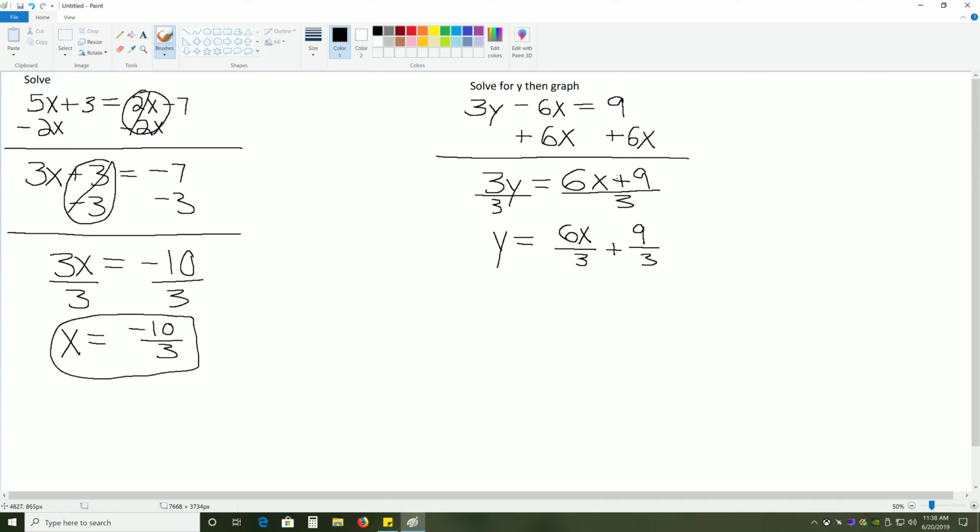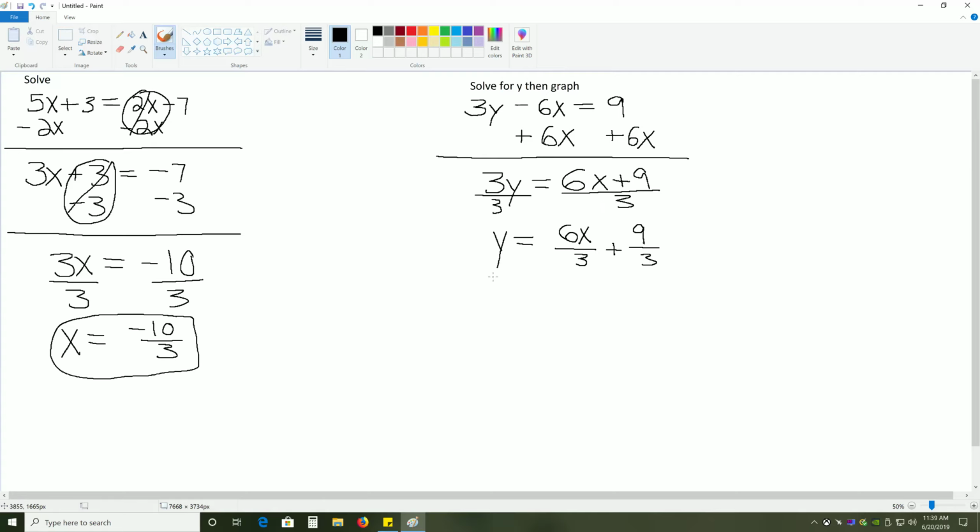Whenever you have addition or subtraction in the numerator or top of your fraction, you can split it up into two separate fractions over the same denominator. This only works if that addition or subtraction is in the top. It will not work if it's in the bottom.